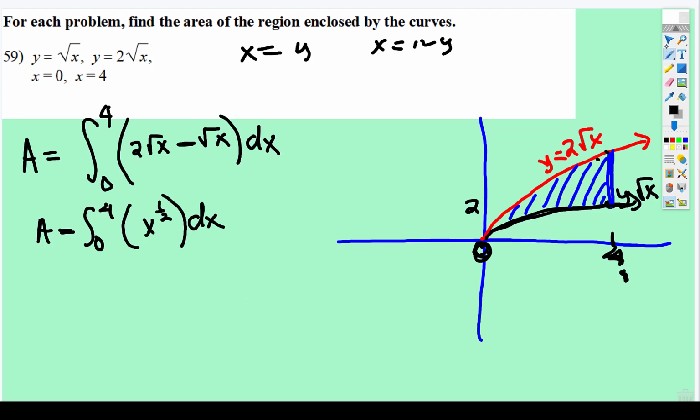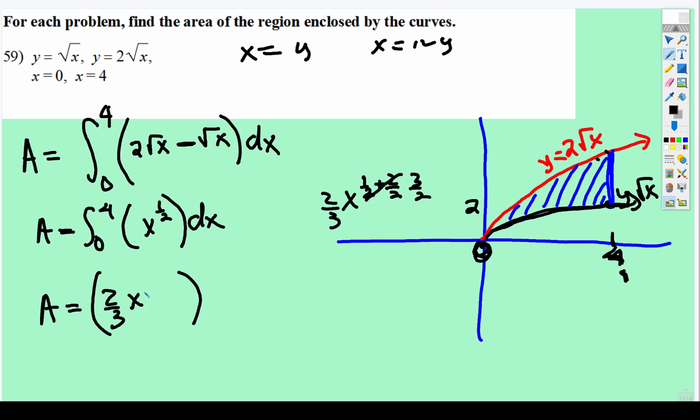Let me erase this stuff now. And now we can go ahead and get started. So when you integrate x to the 1/2, you're going to add 1, so that's 3/2. Remember I said this would be a good one to memorize? Area equals 2/3 x to the 3/2, going from 0 to 4.